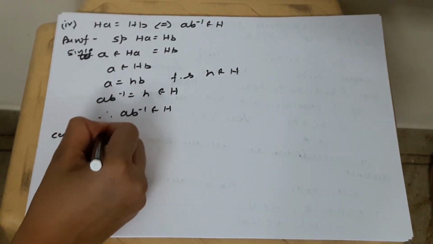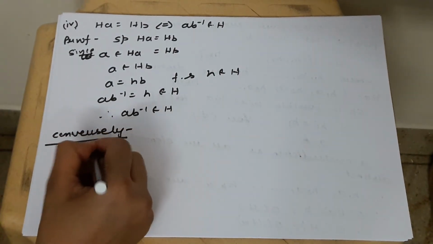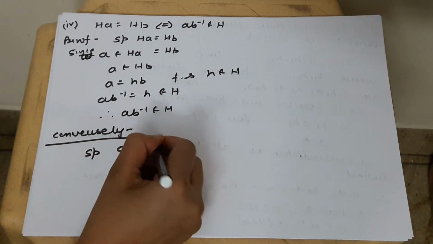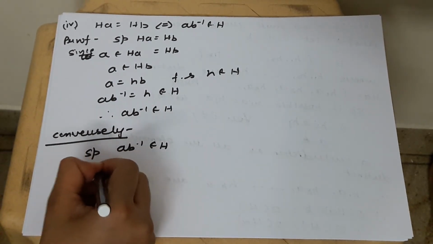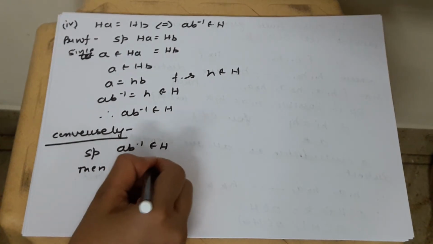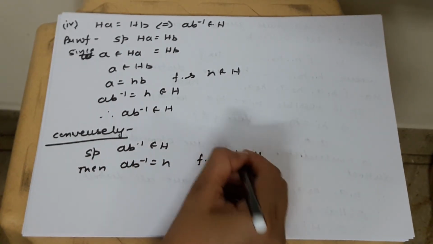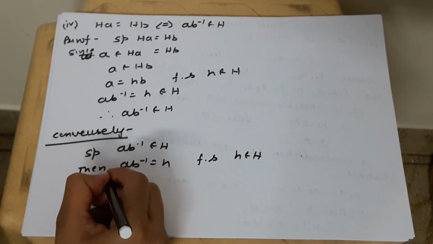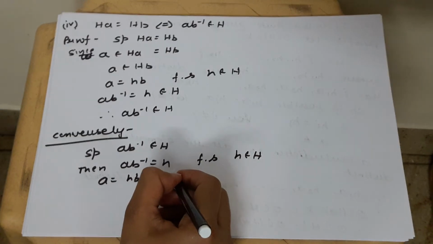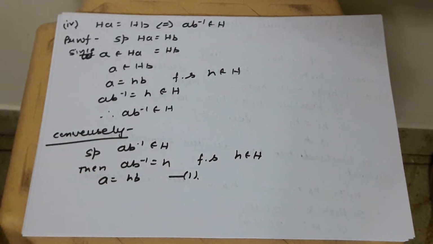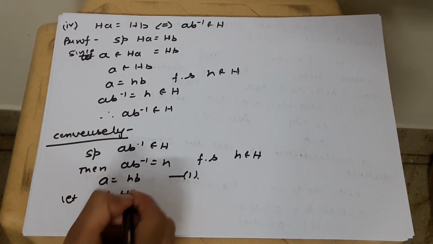Conversely, suppose ab inverse belongs to H. Then ab inverse is equal to h for some h belongs to H. So a is equal to hb. This is your equation number 1. Let x belong to Ha.